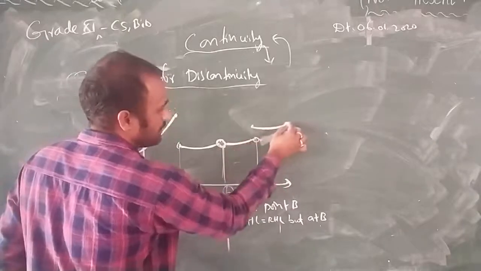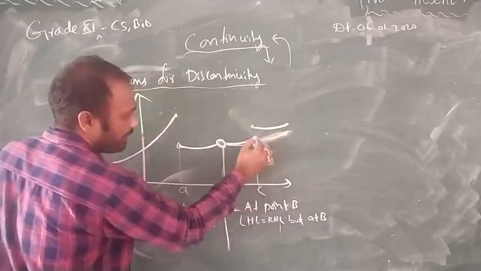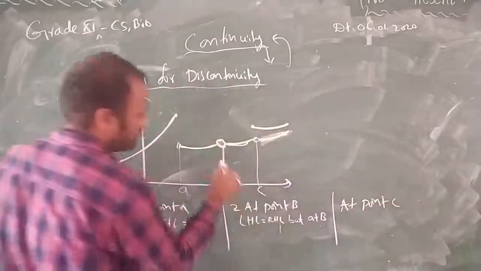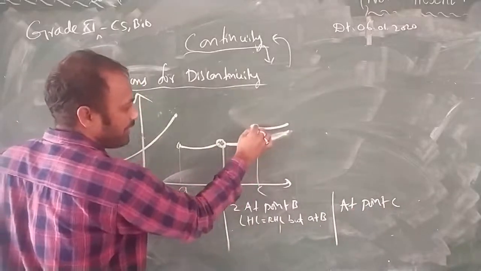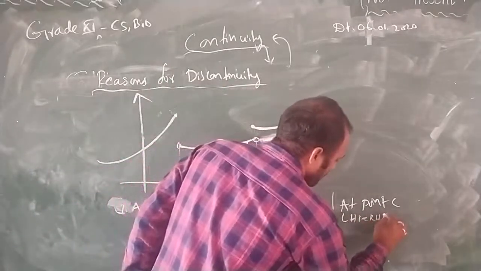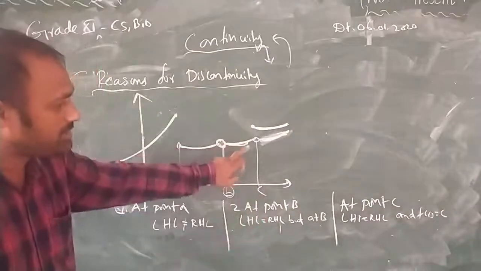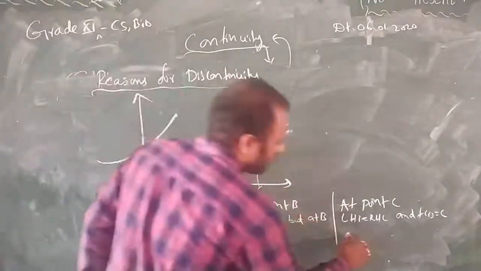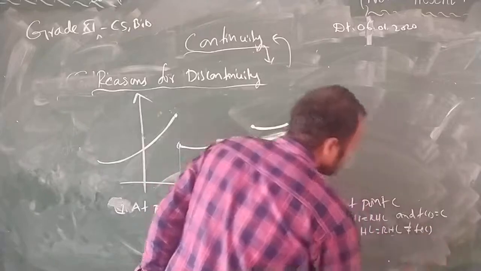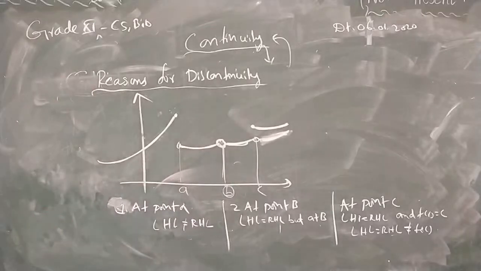So the left hand limit exists and the right hand limit exists, and the functional value is also existing at point C. So the left hand limit is equal to the right hand limit, and the functional value f of C also exists, but these three are not equal. The left hand limit is equal to the right hand limit, but not equal to the functional value f of C. That's why we call this discontinuous. So these are the three reasons for discontinuity.